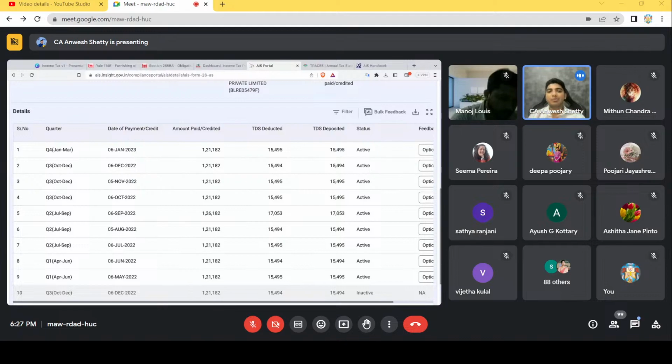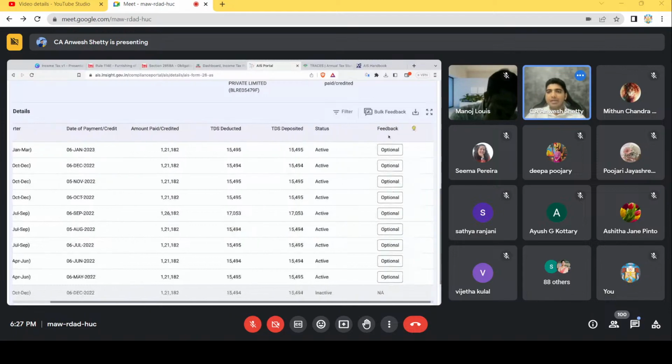Now, what am I supposed to do? On the right hand side, there is an option for you to give feedback. Again, this feedback is optional. Even if you don't give it, nothing is going to happen. But if you disagree, it is always better that you go ahead and say you disagree. For example, imagine that my salary for this month was not 1,21,000 rupees.